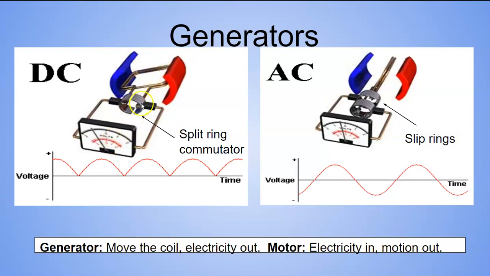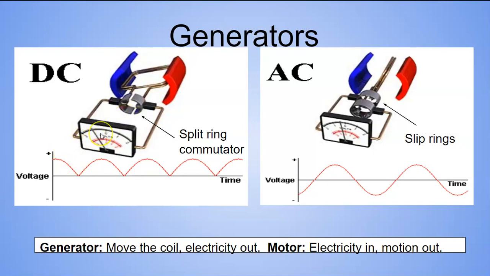So let's say this is the north pole of the magnet, and this is the south pole. So my magnetic field is going to the left there, and as the coil cuts through the field as it turns over, it's going to induce a current that comes out this side over here.